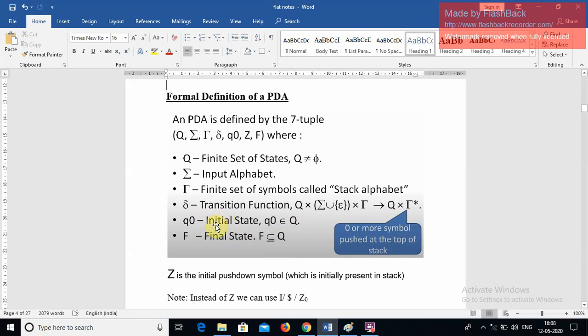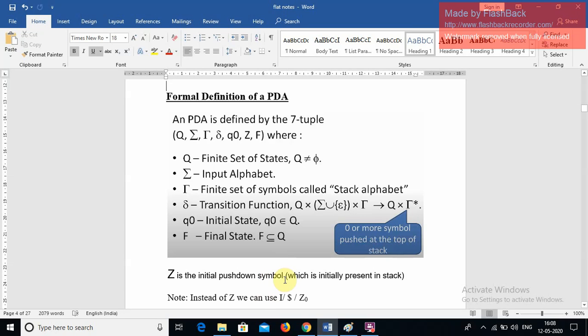Remember, same as an FA, here also we have a single initial state and more than one final state. One more notation in the definition: z is the initial pushdown symbol. The stack is actually empty, and we can push z as an initial symbol into the stack.